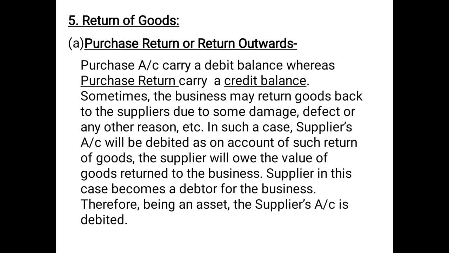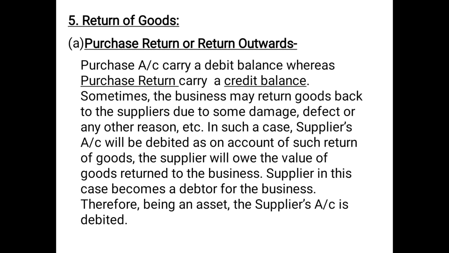And purchase return is also known as return outward. Why? Because the goods are going out from the business back to the supplier. So purchase return is also known as return outwards. And you need to remember one thing, children, as we have discussed beforehand, that purchases carry a debit balance.